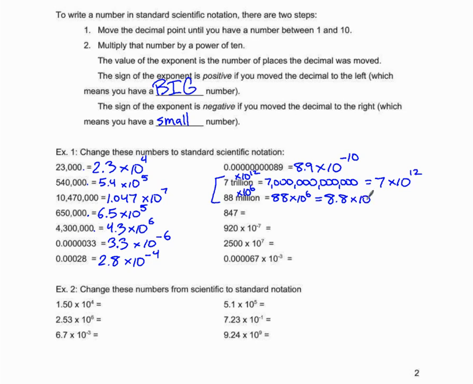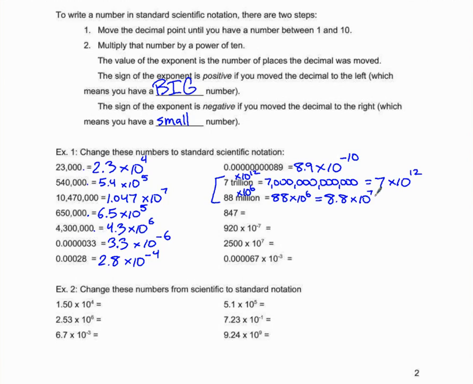Times 10. And now we need to know what is the value of the exponent. So right now, my decimal point is right here, and I'm going to move it to the left 1. When we move the decimal to the left, the exponent becomes more positive. So we're at 6 here, here we're at 7.